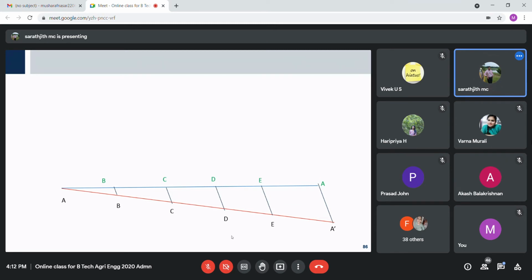Any doubt regarding chain surveying or compass surveying until now? Do you need clarification in some section, or didn't you understand some part?